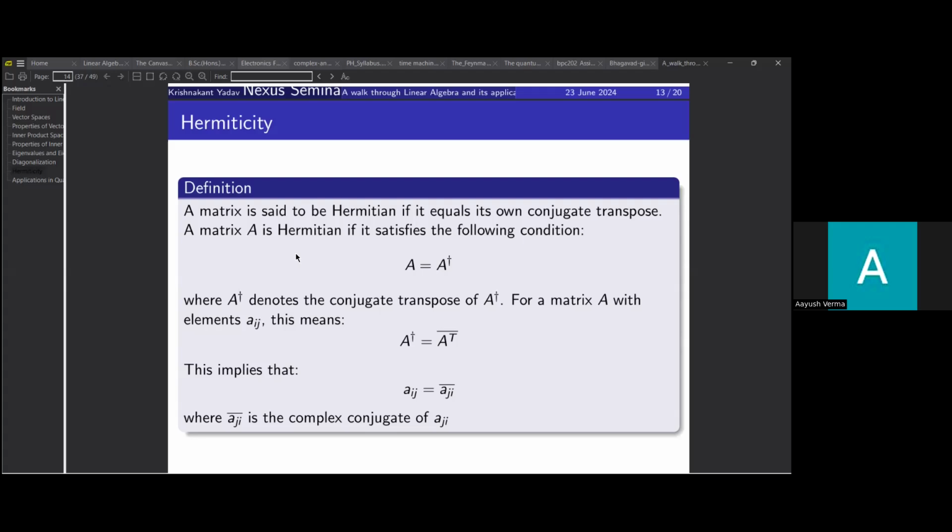The position operator acting on the state psi will give you position. The momentum operator will give you the momentum. The Hamiltonian operator will give you energy. Similarly, there are many operators, and linear algebra helps you understand all of these. If an operator is not Hermitian in quantum mechanics, it's not useful.